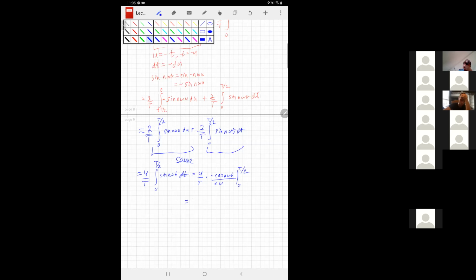And so we're left with minus 4 over n omega period times cosine n omega period minus, well, cosine of 0 is 1. Oh, and that should be period over 2, my bad. Any questions on that?